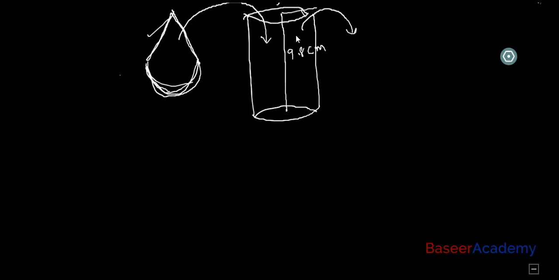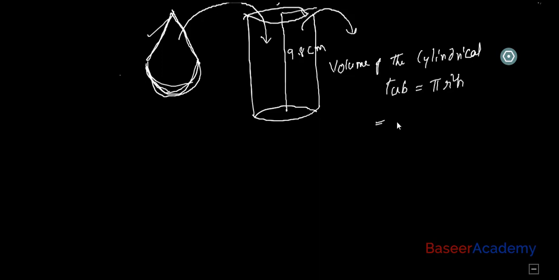First things first, we will find out the volume of the cylindrical tub. The volume of the cylindrical tub is given by the formula pi r square h.